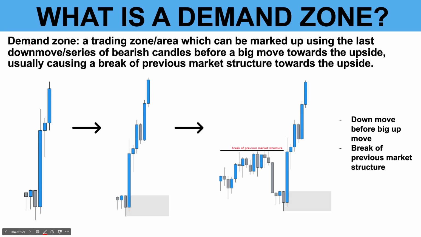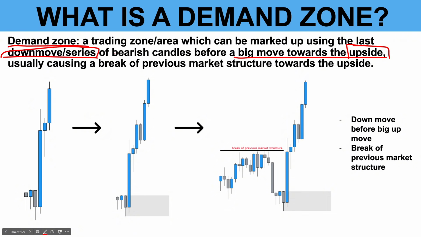The next step we go on to is demand zones, which is the complete opposite of what a supply zone is. So a demand zone is a trading zone / area which can be marked up using the last down move, right? Key difference here: the last down move or the last series of bearish candles before a big move towards the upside. So I'll box in the words which are different, right?